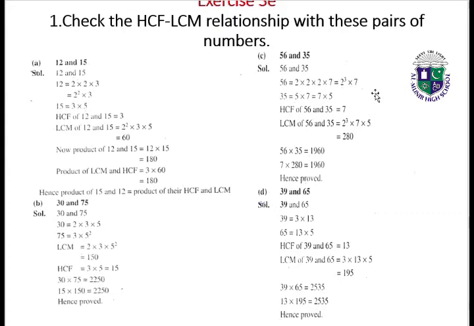56 is 2 multiplied by 2 multiplied by 2 multiplied by 7, that is 2 cubed multiplied by 7. 35 is 5 multiplied by 7.